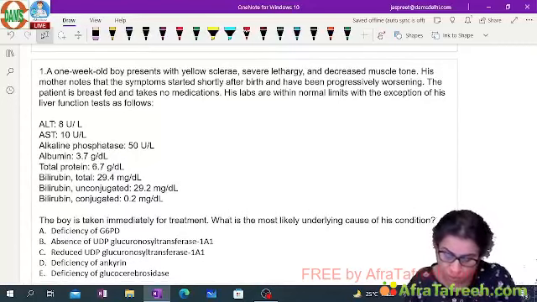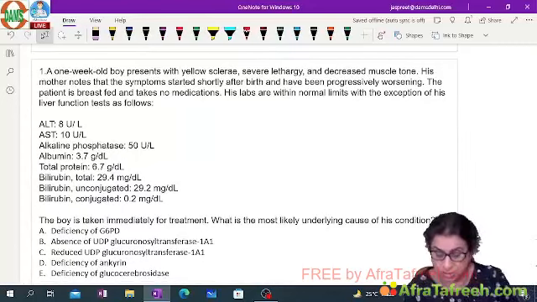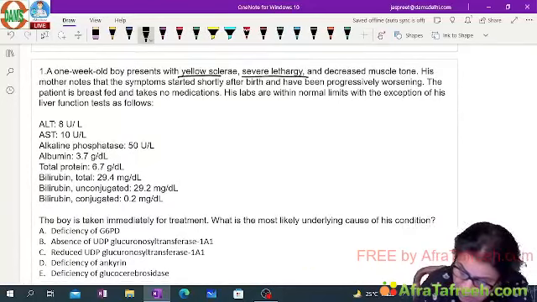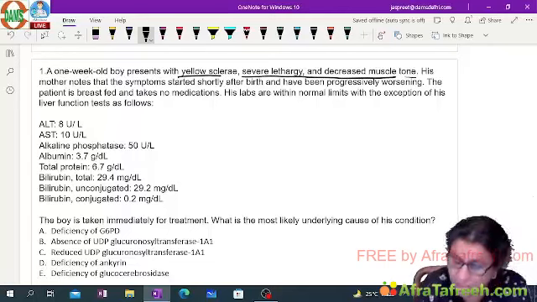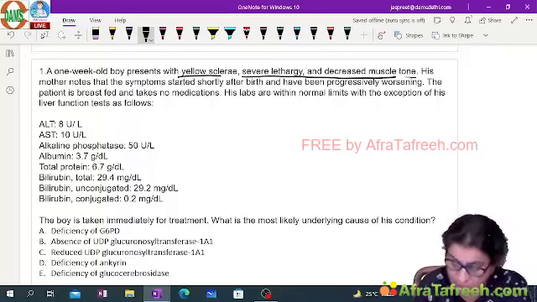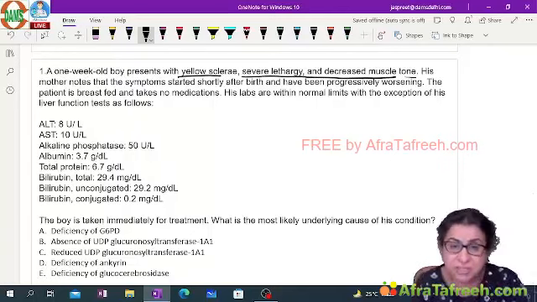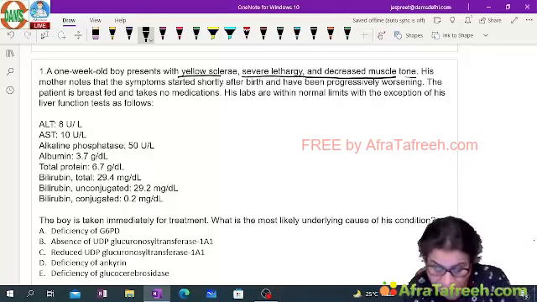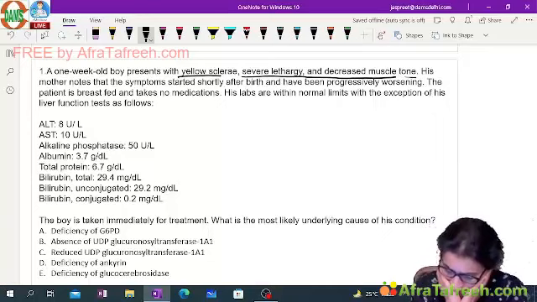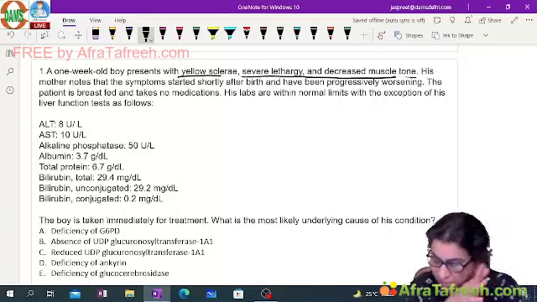A 1-week-old boy presents with yellow sclera, severe lethargy and decreased muscle tone. These features are indicative of kernicterus. His mother notices that symptoms started shortly after birth and have been progressively worsening.